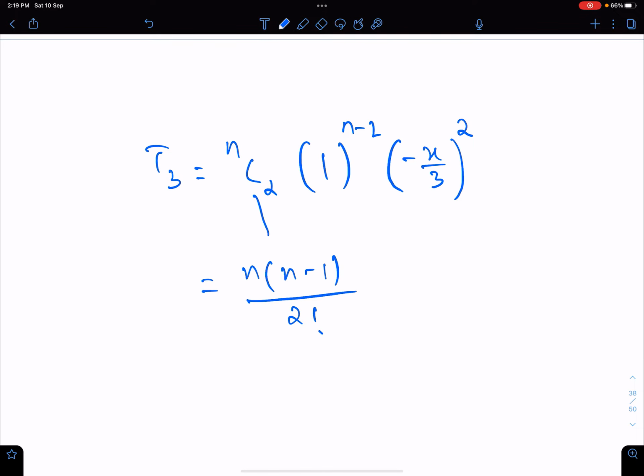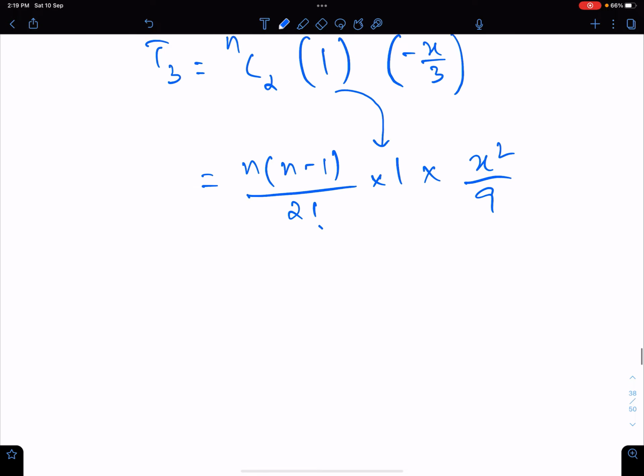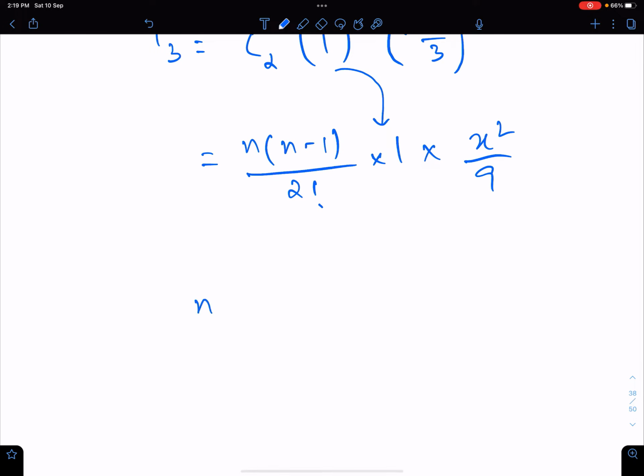See, we use this form of combination here, the factorial form. This result will be 1 power n minus 2 which is 1, and this result is x square upon 9. We just need the coefficient of x square. So n(n minus 1), 2 factorial is 2, 1 upon 9. This is the coefficient of x square.